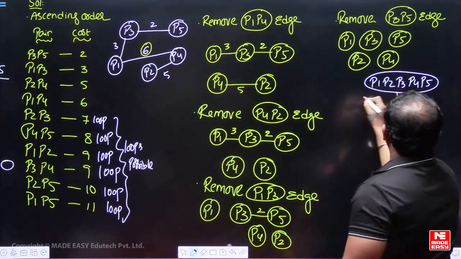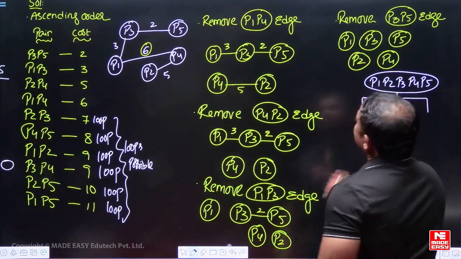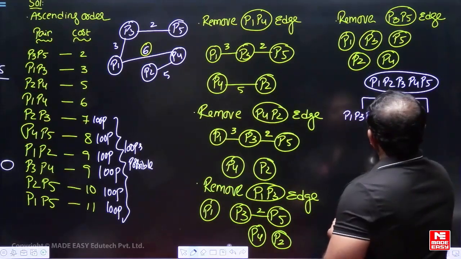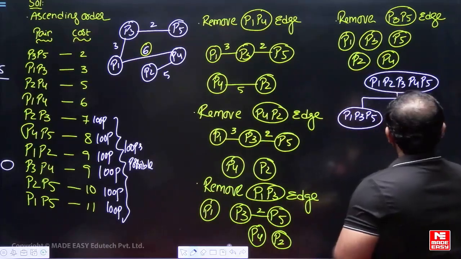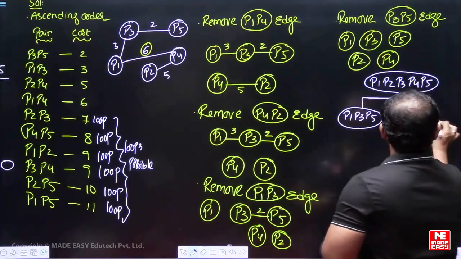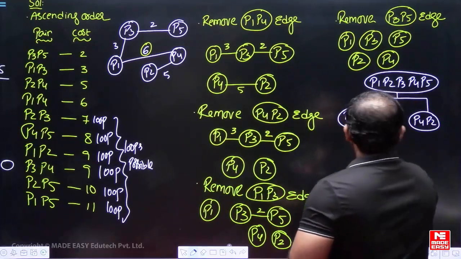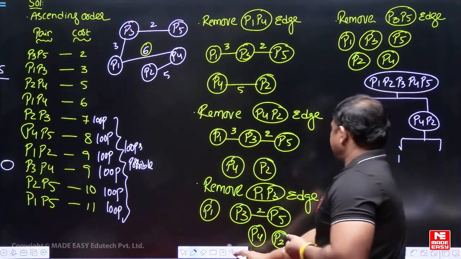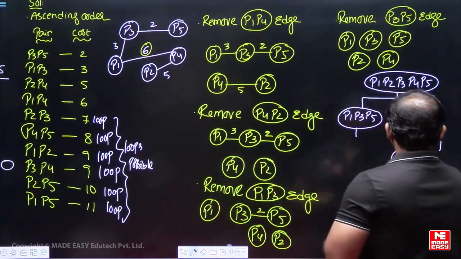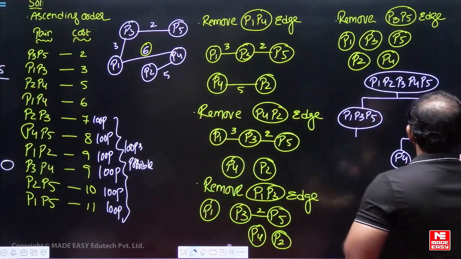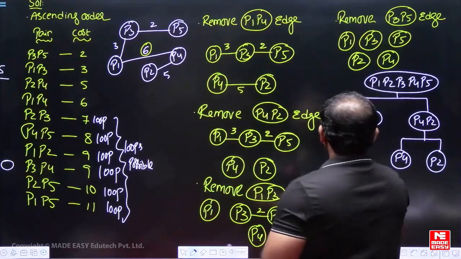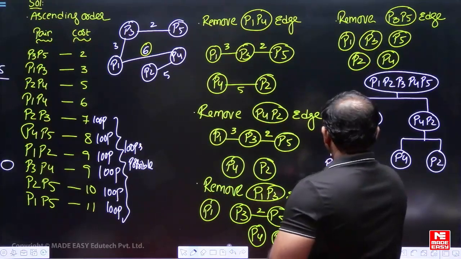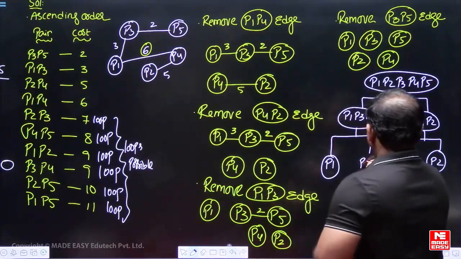Now that is initially splitting into two parts. So one is P1, P3, P5. This is one cluster, and P4, P2 is another cluster. Next is what? P4, P2, this is decomposed into P4 and P2. Okay. Next is what? P1, P3, P5, that is decomposed, splitting. P3, P5.